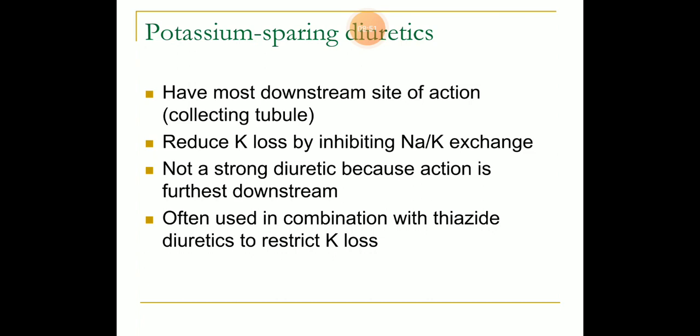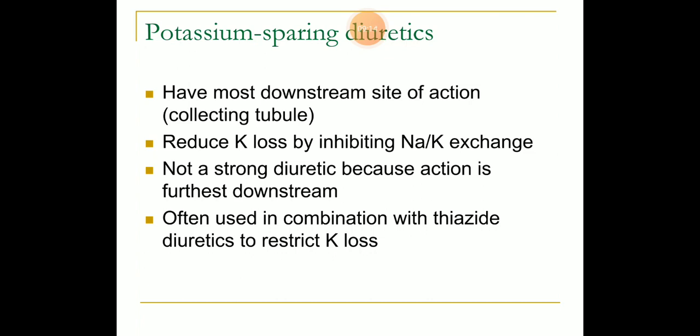Calcium and magnesium excretion is also reduced, but there is no effect on renal hemodynamics. How do they act? The luminal membrane of late distal tubule and collecting duct cells expresses a distinct renal epithelial or amiloride sensitive sodium channel through which sodium enters the cell down its electrochemical gradient, which is generated by the sodium potassium ATPase system operating at the basolateral membrane.